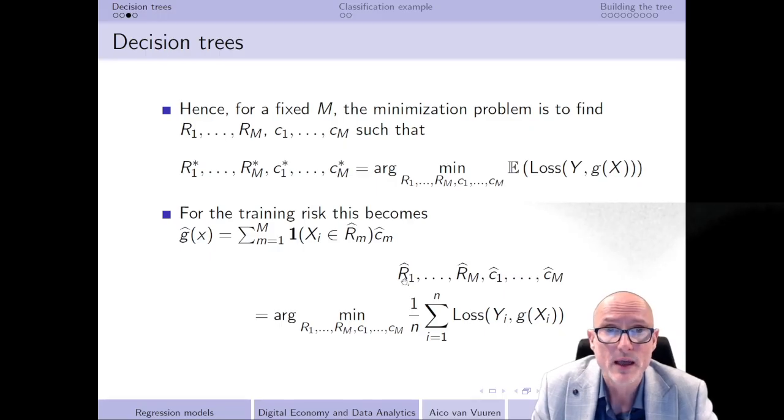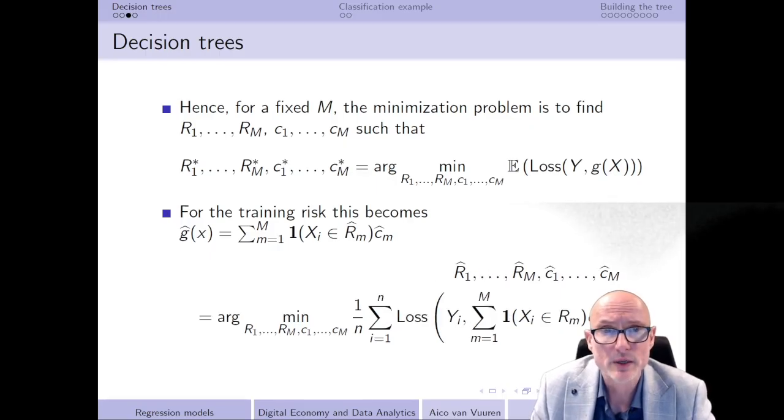So we're going to have R1 hat till Rm hat and C1 hat until Cm hat, and that's going to minimize this sum of the loss function that we have over here. This is nothing else than the estimator, a consistent estimator usually called the training risk, which estimates this theoretical risk that we have over here. Now this is all fine.